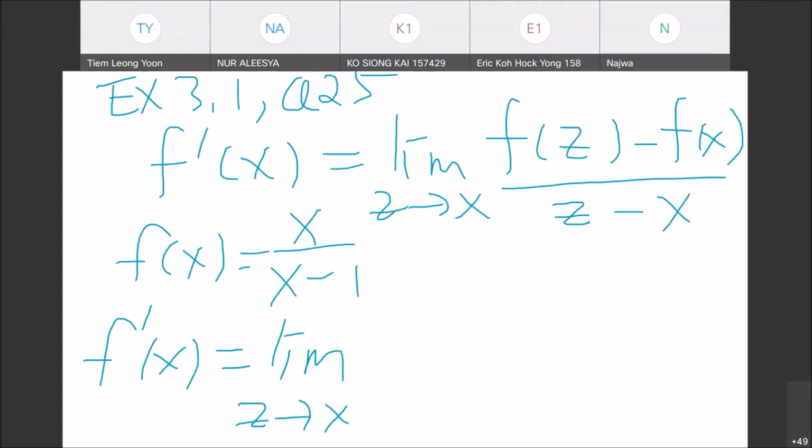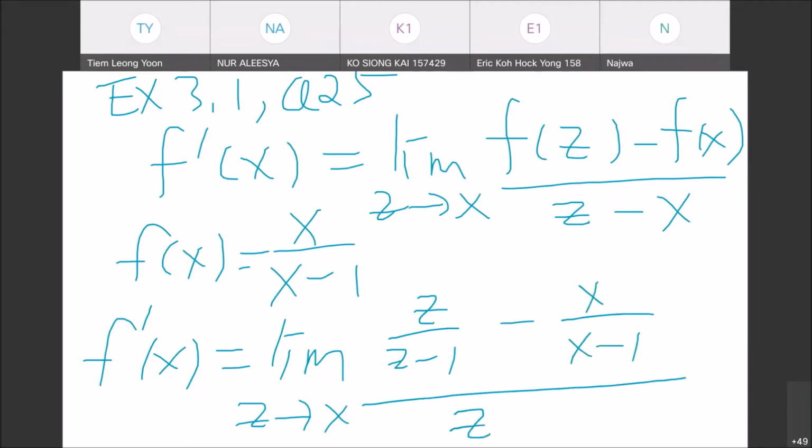The question is to find the derivative of the function using the alternative formula for the derivative, where g(x) equals x over x minus 1. So now my f(z), if I were to follow this exactly, then it will be quite confusing. Okay? So that would be z over z minus 1 minus x over x minus 1, divided by z minus x.